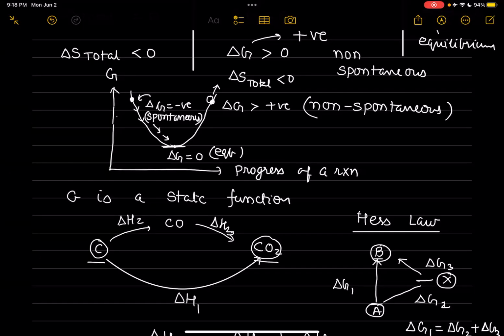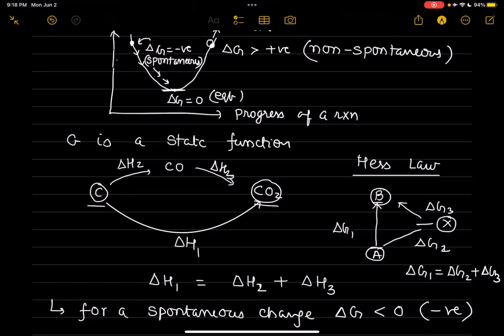I have just, for the sake of simplicity, shown the Gibbs free energy change as a graph. Is it clear? But actually you will be provided with the numerical values. I have just shown whether it is increasing or decreasing, by drawing a line like this usually.